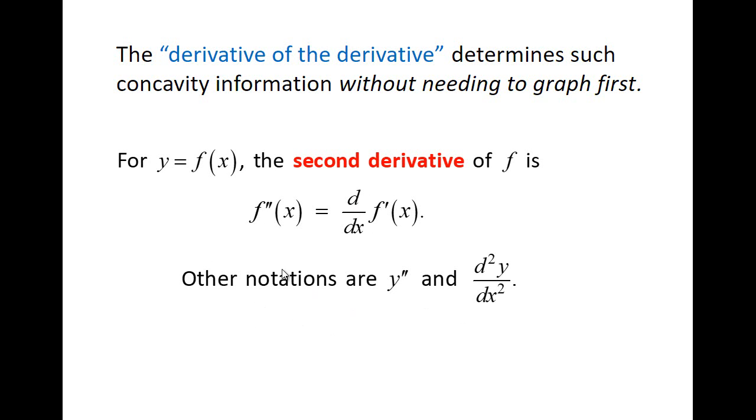The other notations that we can use for the second derivative are y double prime or y double prime of x, and also this notation d2y over dx2. So this is the second derivative of y with respect to x twice.